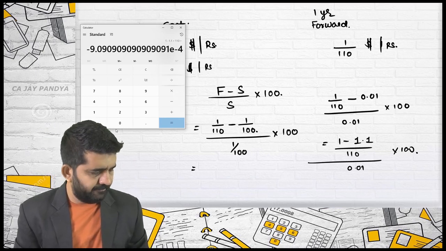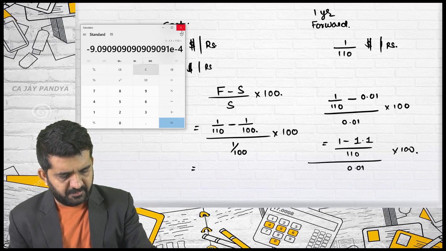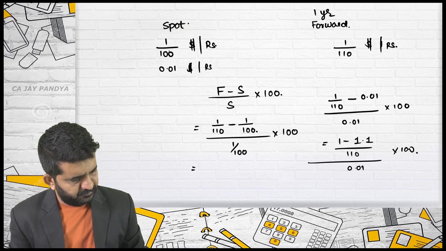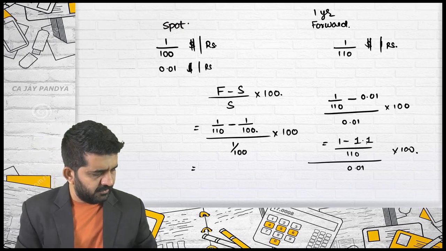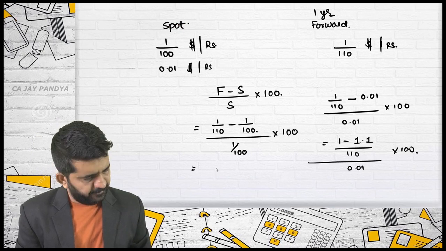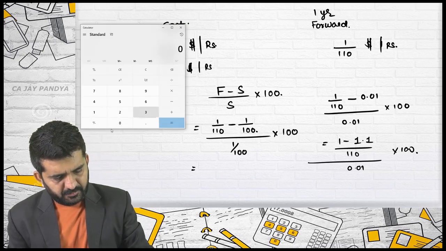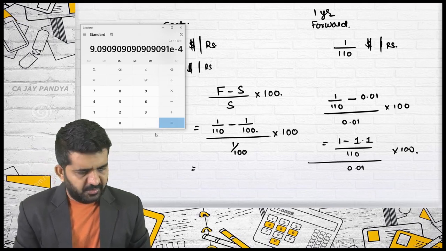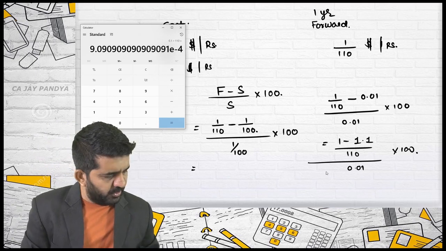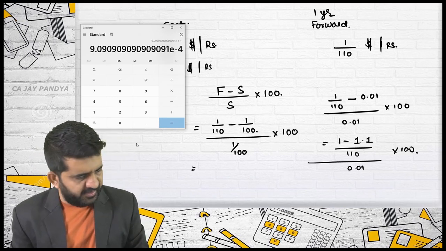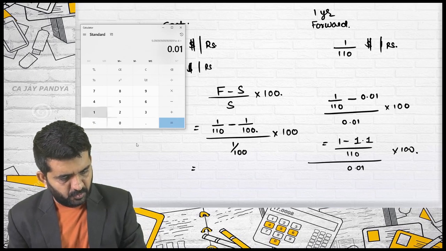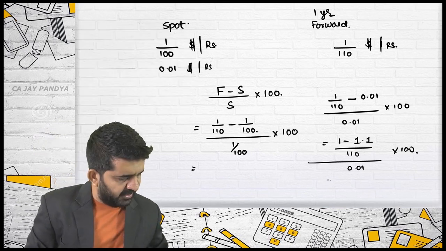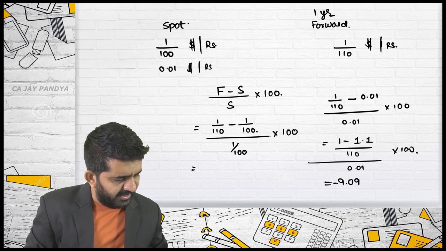Because it was negative, it is coming in error. This is 0.1 divided by 110, which is 9.0909, divided by 0.01, multiplied by 100. It is coming 9.09 and this is coming negative.